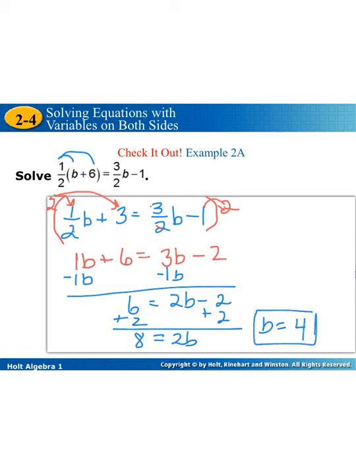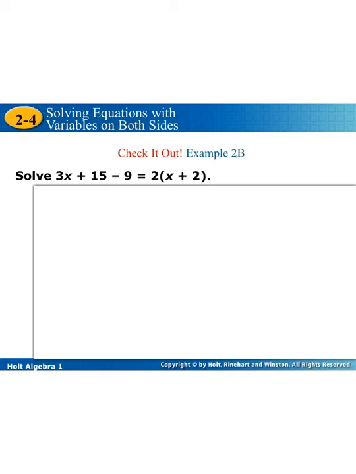So a little bit of strategic planning is the whole idea of today's lesson. I'm going to have you pause, try this problem, and then we are about done for the day. So pause, give it a shot, and I'll show you the steps.